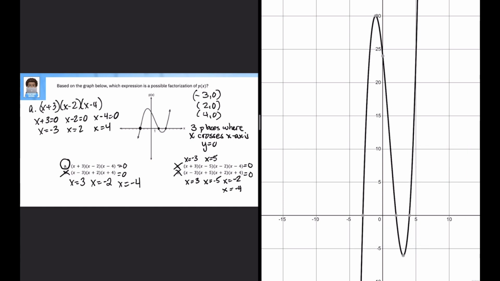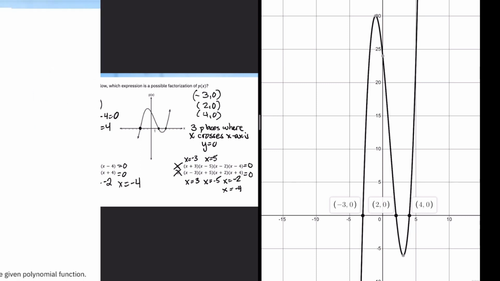There's our shape. Here's our points, -3, 0, 2, 0, and 4, 0. So does it look perfect? No, it's actually kind of stretched out, but it does satisfy all the things we wanted to see happening on our chart. So this could be what created this expression. So kudos. We're going to go to our next problem.